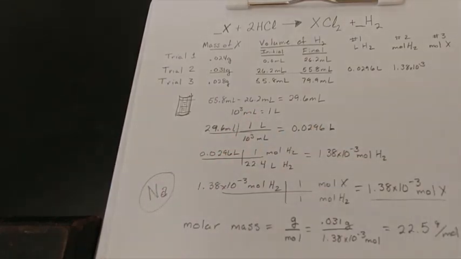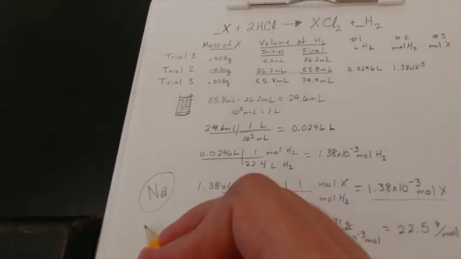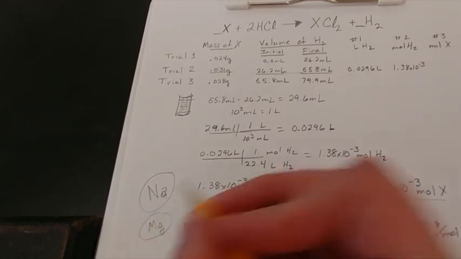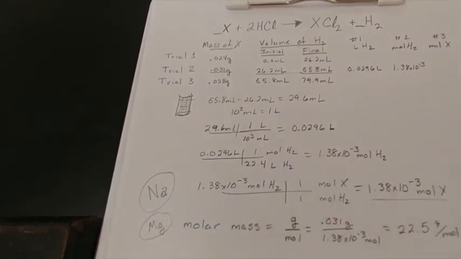Now, obviously, I didn't give you sodium metal because your hands would have lit on fire, and it would have really hurt. So I wouldn't do that to you. What you should get is magnesium. Obviously, my trial is a little off here, and you're going to have to find some averages and do a percent error calculation. I've got the formula right there for you.